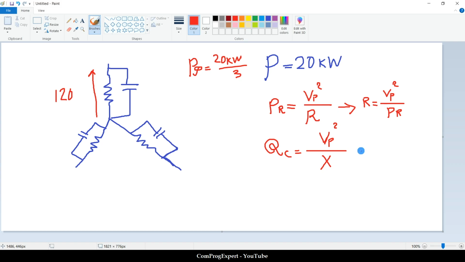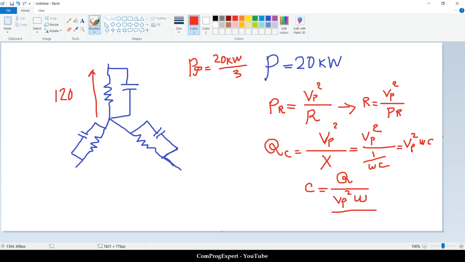The reactance is 1 divided by omega C, so QC is Vp to the power 2 times omega C. So the value of the C is the reactive power divided by V phase to the power 2 times omega. This is the value of the C.